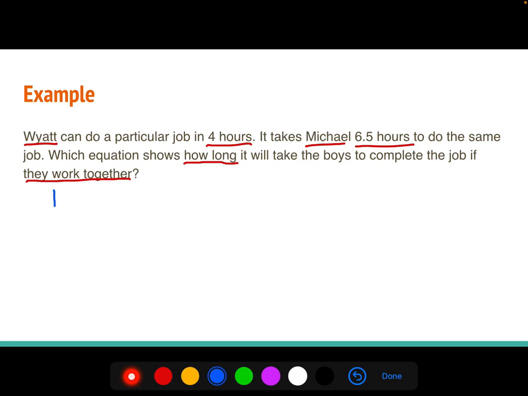The idea is they work together. So how long does it take Wyatt? 4 hours. Remember, this is inverse, so 1 over 4. And how much does it take Michael? 1 over 6.5. And if they work together, it's 1 over x. That's our equation. Pretty nifty.